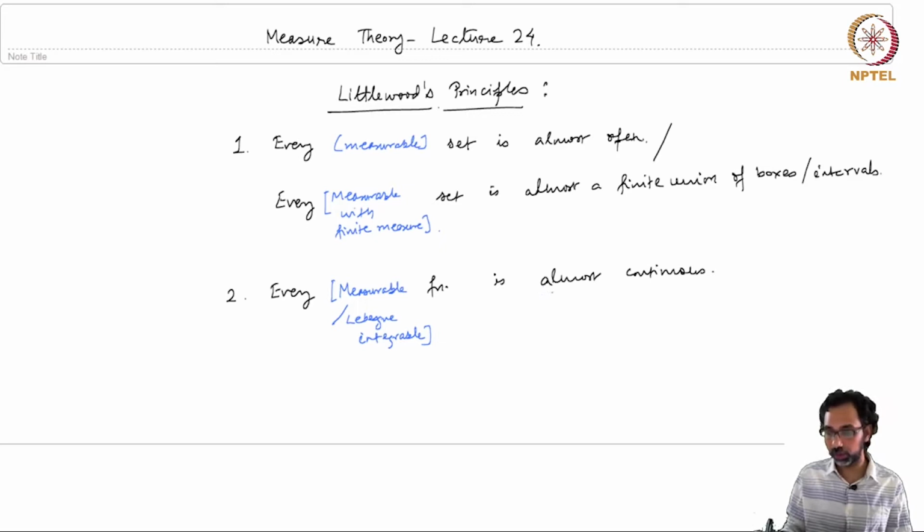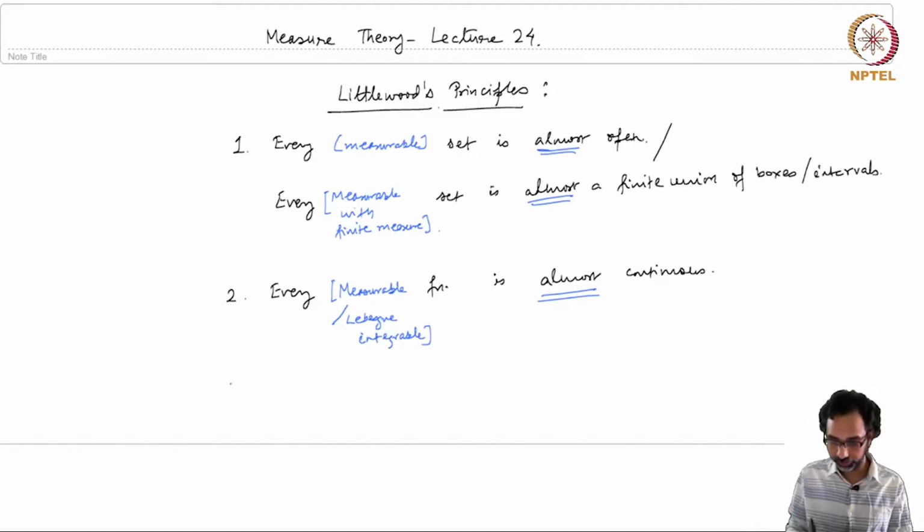Of course we have to make precise what is meant by almost, but we will see that it is up to some epsilon, or some finite tolerance in the measures. We have to state these properties for being almost continuous and almost open. So the second principle says that every measurable function or Lebesgue integrable function is almost continuous. You can view a measurable function as a continuous function outside a set of negligible measure.